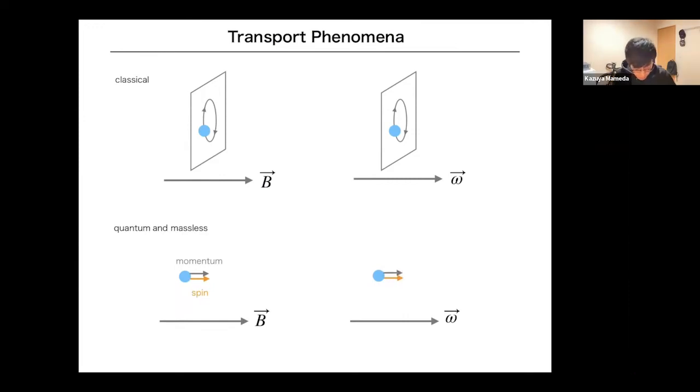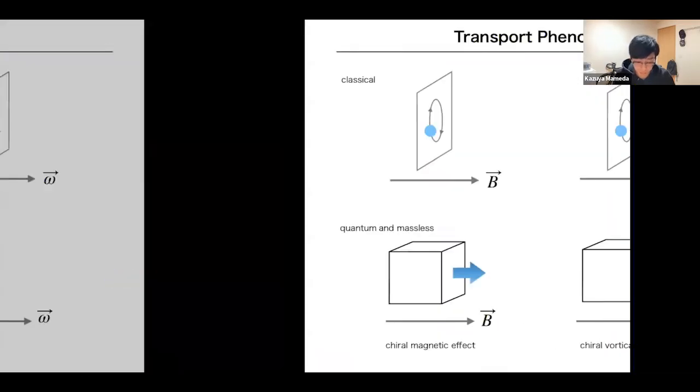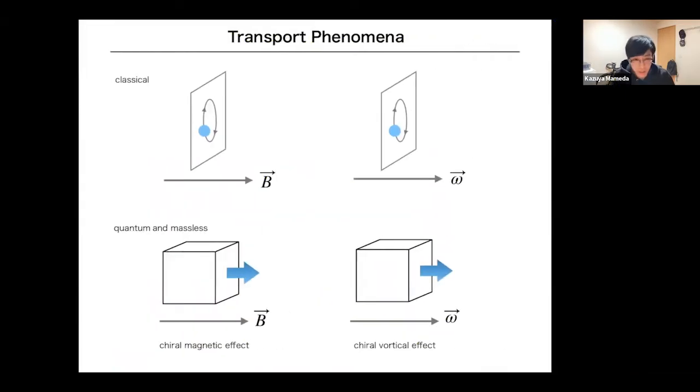Then, this situation implies that we can generate some transport phenomena along direction of B or omega. And this is actually very naive explanation of the chiral magnetic effect or chiral vortical effect.